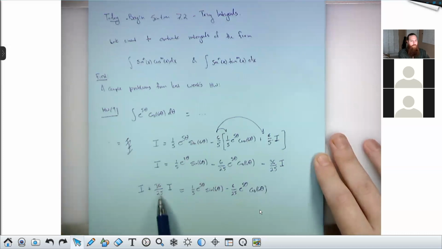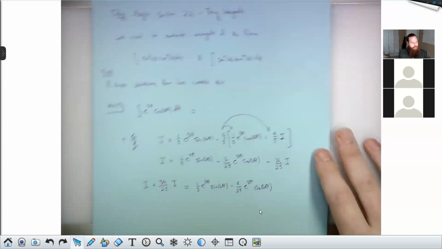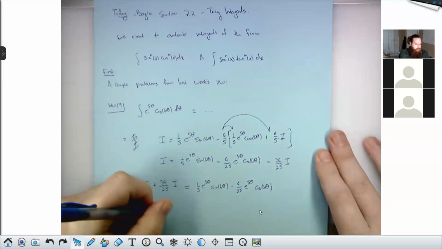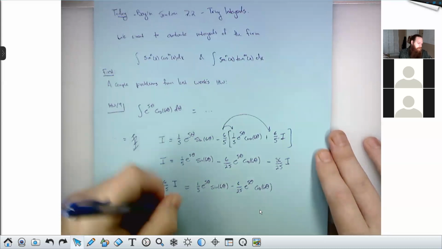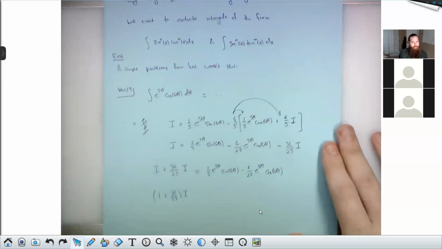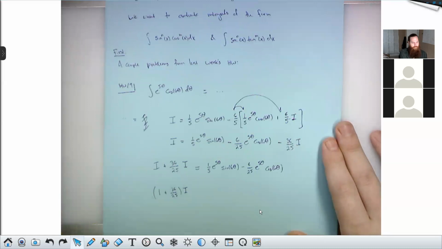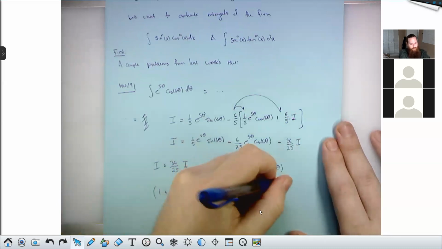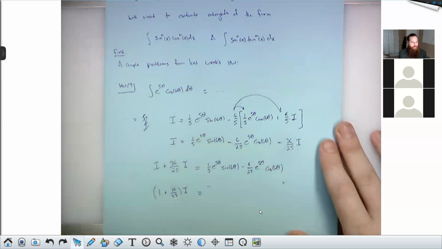So what they want you to do is figure out this constant over here. And that's going to be 1 plus 36/25 times I. All right, if I factor an I out over here, that's still equal to all this stuff, which I'm just going to put some quotes around to indicate that this line stays the same. Here, 1 is 25/25, right?